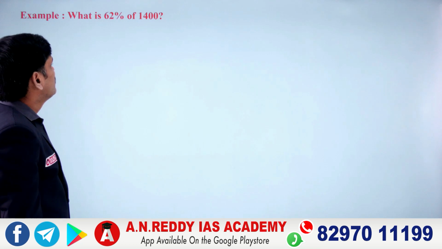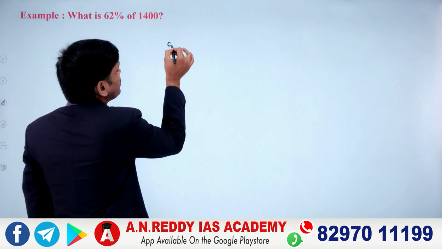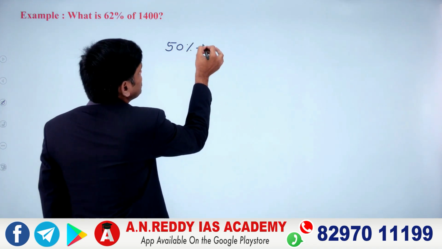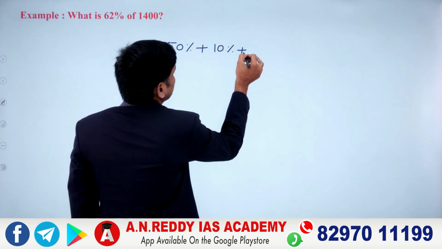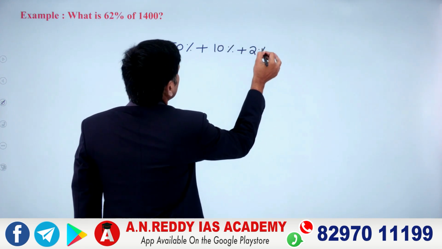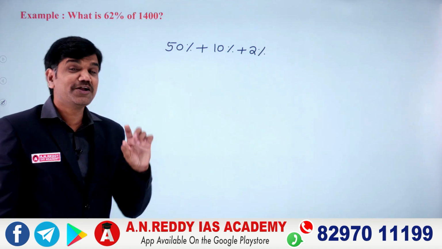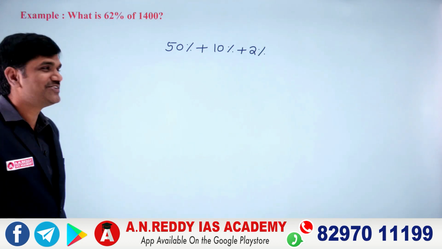Next, what is 62% of 1400? 62% you can treat it as 50%. Directly don't write 60%, because to get 60% you have to take 6 times of 10%. That may become difficult for you sometimes. To avoid that, we will write like this: 50 plus 10 plus 2. I am converting multiplications into additions here. Understand that basic logic.